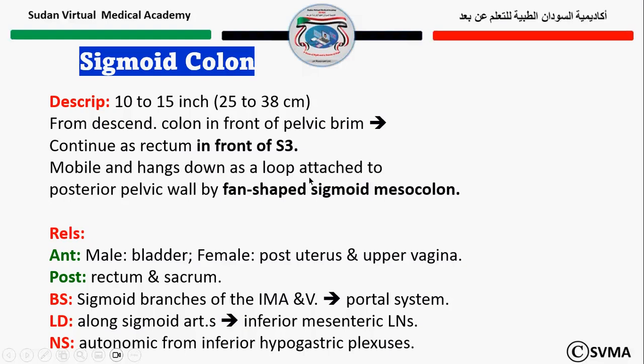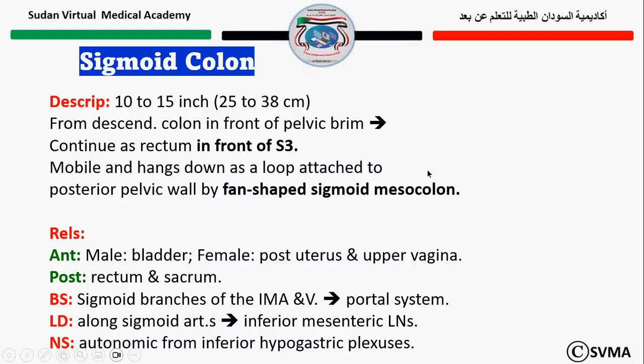It's a mobile, and it hangs down as a loop, and this loop is attached to the posterior pelvic wall by something called sigmoid mesocolon. Mesocolon is the mesentery of the colon, and the sigmoid mesocolon is fan-shaped to make it mobile. So it's mobile.